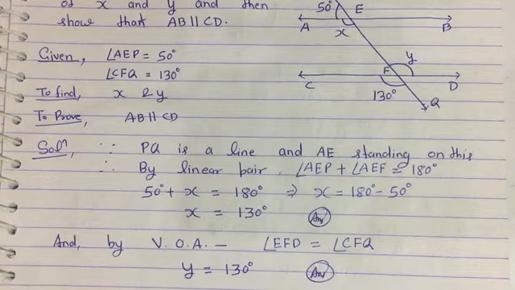First thing. Second thing, if alternate interior and alternate exterior angles are equal, then again lines are parallel. And third thing is what? When the sum of co-interior angles is 180 degree, then the lines are also parallel.